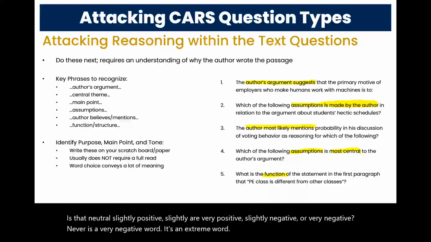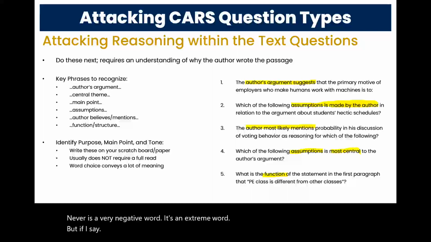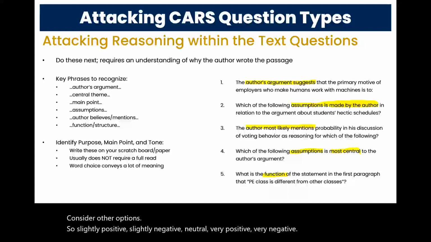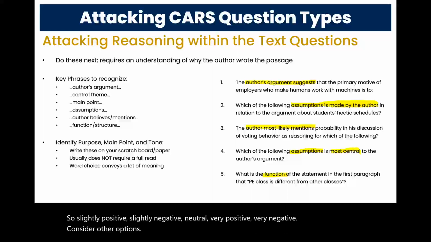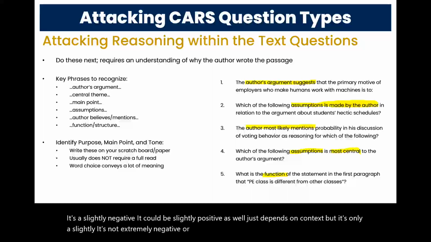But if I say "you want to consider other options," is that slightly positive, slightly negative, neutral, very positive, or very negative? It's slightly negative. It could be slightly positive as well. It just depends on context. But it's only slightly. It's not extremely negative or extremely positive. So there's a difference in extremes, and you want to watch out for that tone.